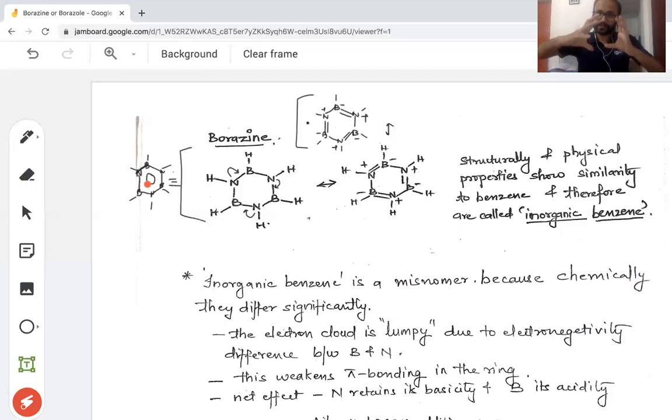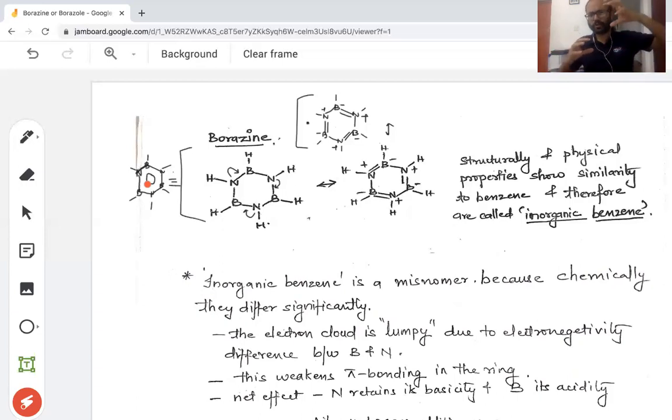That means the cloud is richer on the nitrogen atom, and on the boron atom the electron cloud density would be a little lesser. Why is this happening? Because nitrogen is more electronegative than the boron atom. So the cloud density around the nitrogen would be higher, and around the boron a little lesser. So it would be a lumpy kind of situation.